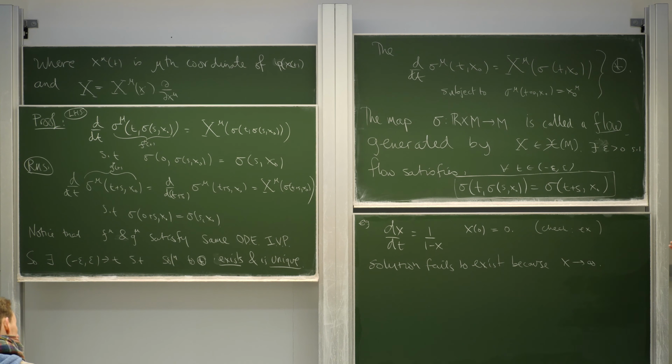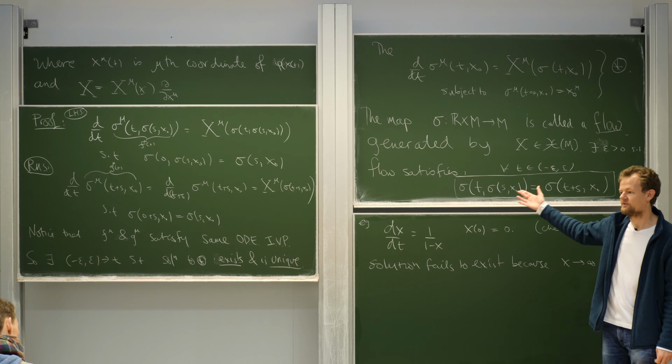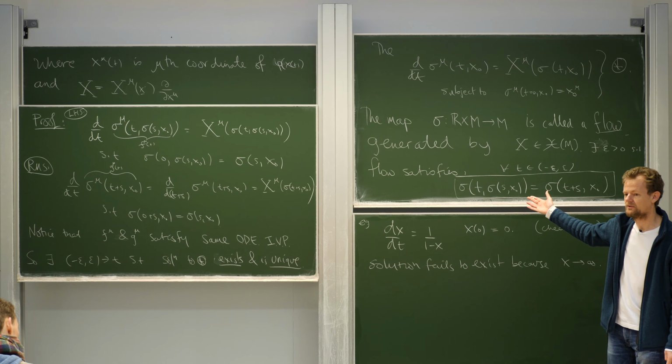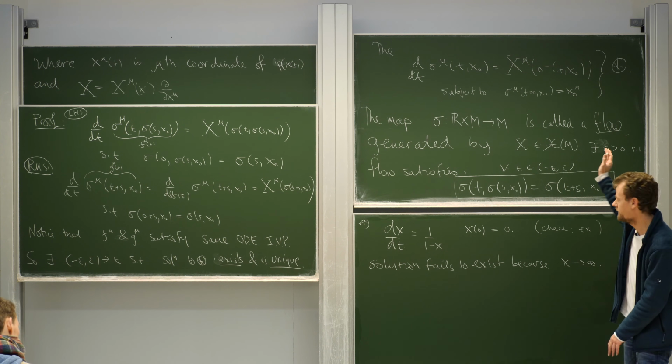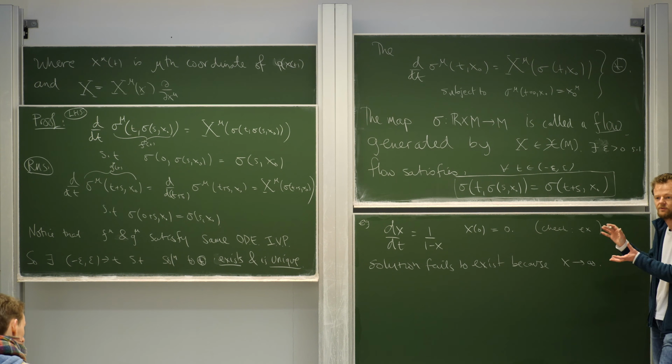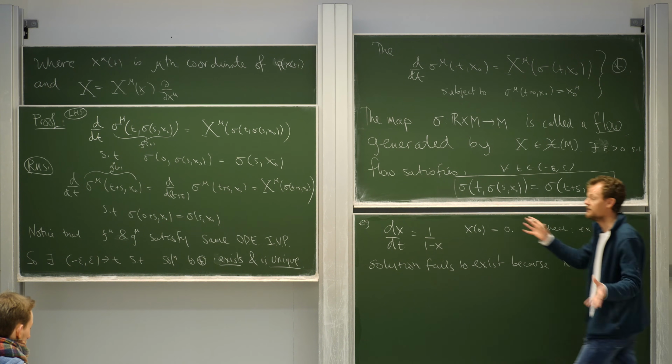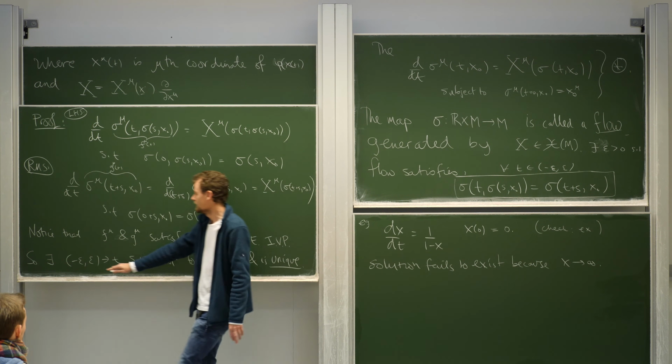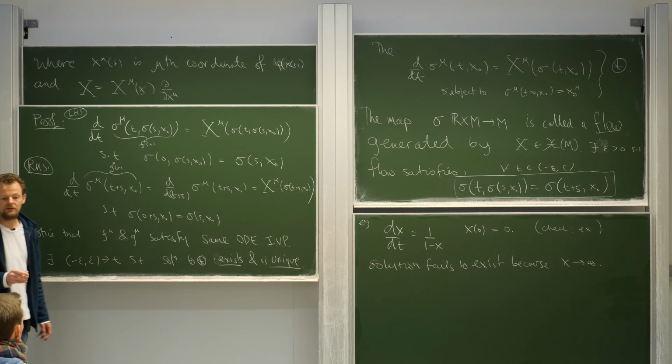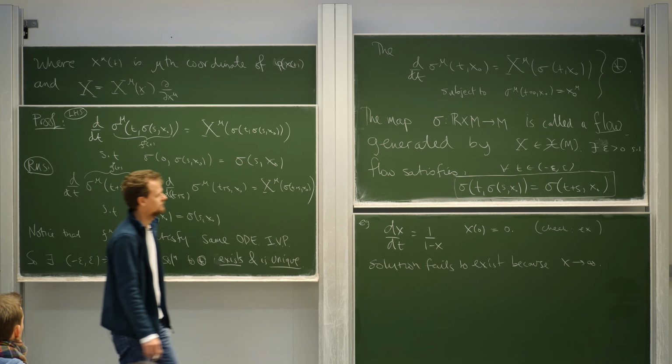The solution fails to exist because x is allowed to go to infinity. There's no bound on how big x is. But if the target space that x is allowed to visit is not this non-compact real line, but in fact a compact manifold, then it turns out you can extend the domain of definition for this unique solution for all time.